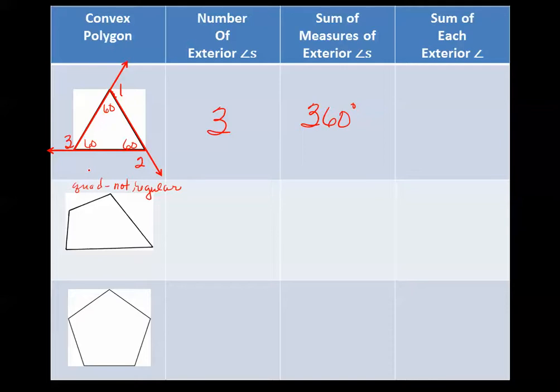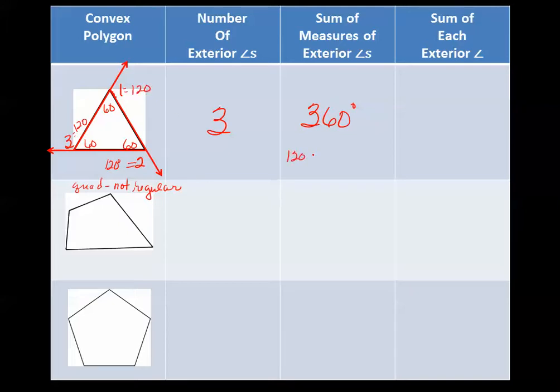Well, remember the linear pairs tells me that angle 2 here is going to equal 180 minus 60, which gives me 120, right? So this one has to be 120 degrees and angle 1 has to be 120.